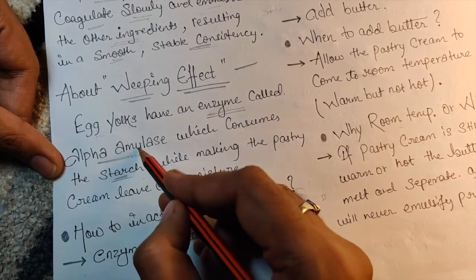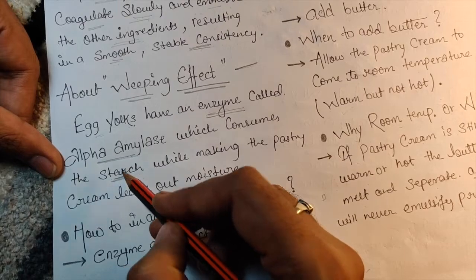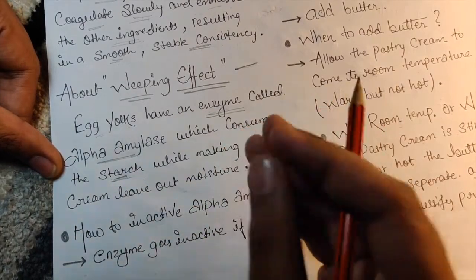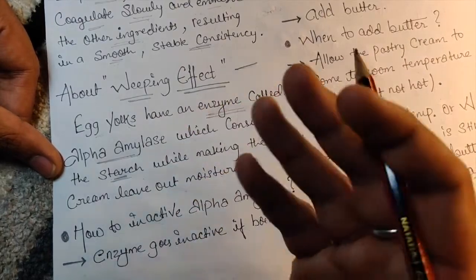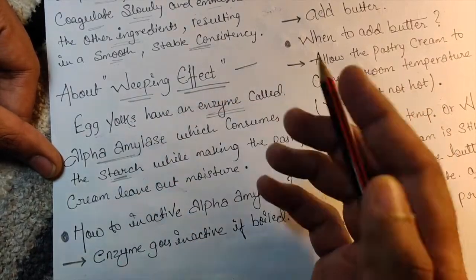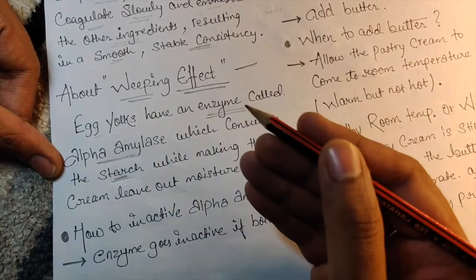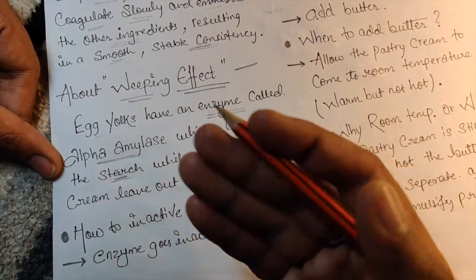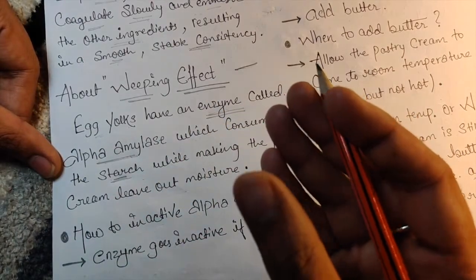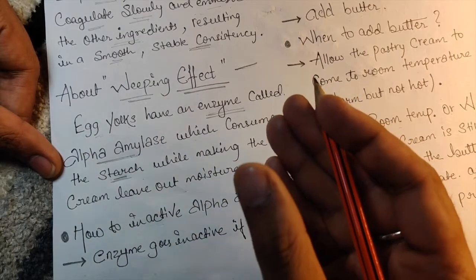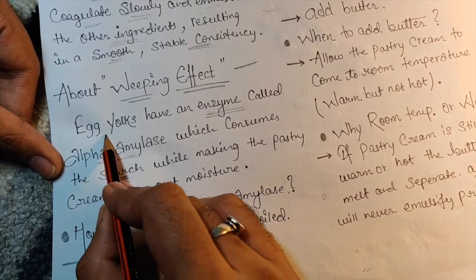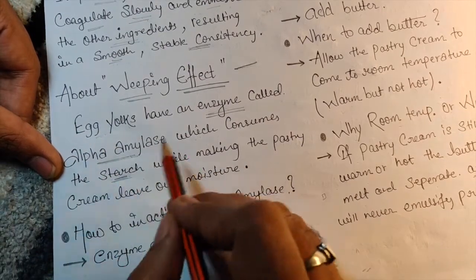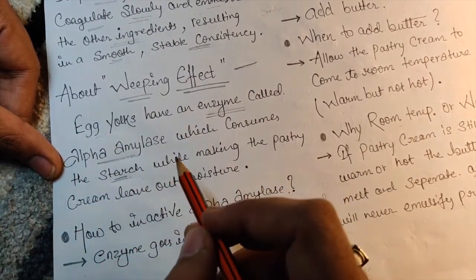Just like when we say eating and farting, when it comes to dough, the yeast eats sugar and its fart means CO2 is produced, and that is the gas we get in bread. Here, the alpha amylase present in the egg yolk starts eating the starch and leaving out the water. That's called the whipping effect.